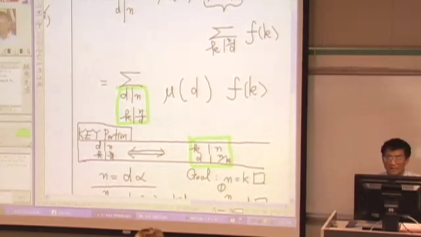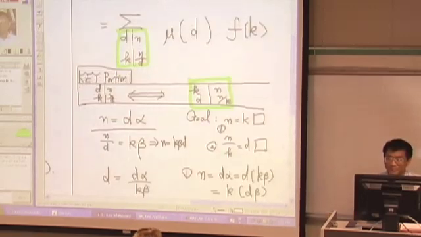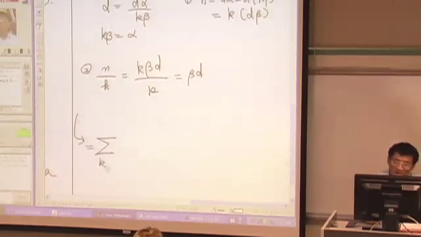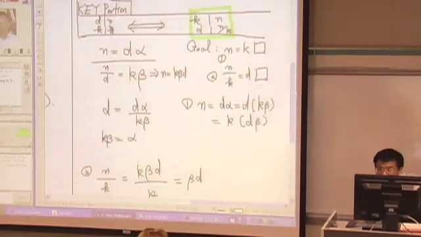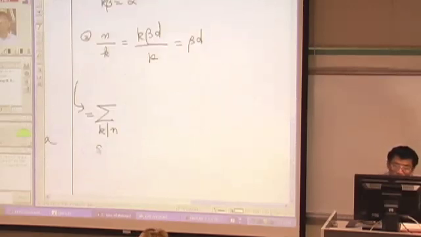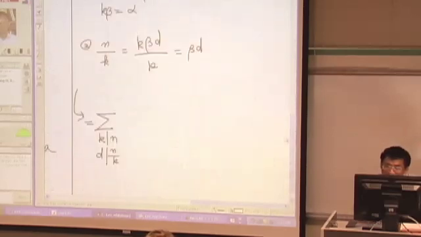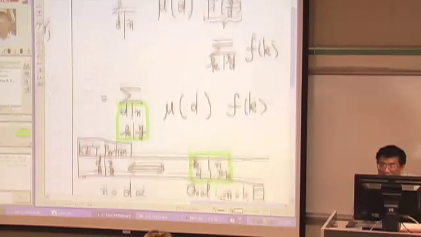So I will go down and write it. K divides n, and D divides n over K, and only the order of the sums changes. The inner part, F k, does not change.